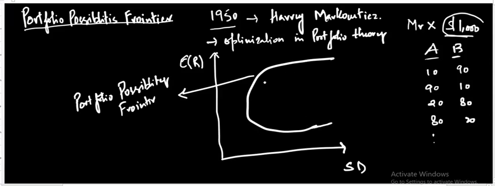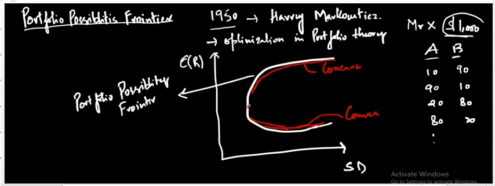Now, this graph has two parts. Let me change the color first. If you look at the above part and the lower part, the lower part is convex and the above part is concave.